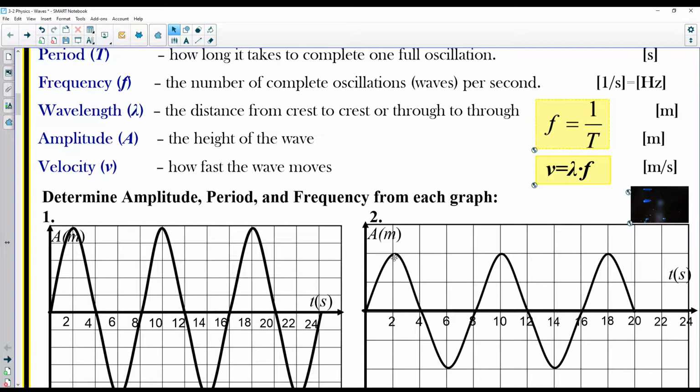Amplitude is the disturbance of the wave. One more time, wavelength is measured in meters. Amplitude is the disturbance of the wave, the distance away from the equilibrium, also measured in meters. Velocity. Velocity is always meters per second. So if you want to calculate the velocity of the wave, let me write it right here.